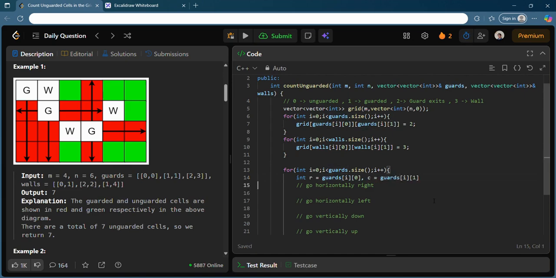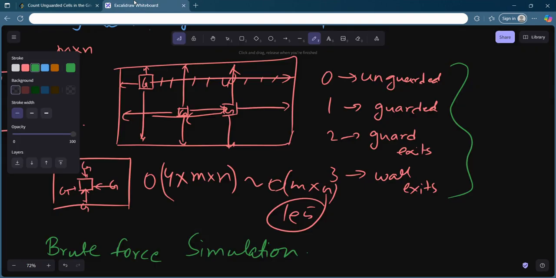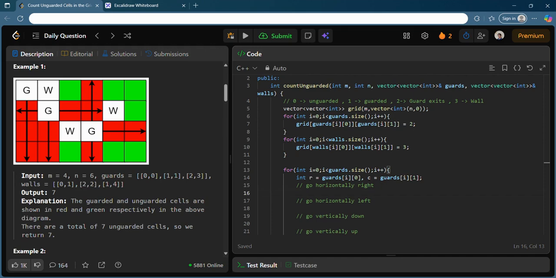And now comes the iteration part. I hope you can easily visualize that whenever we are going horizontally right, our row is fixed but the column is changing, right? So if you are in this particular cell and you want to go to the right, you are still in a fixed row, but your column iterates. So you can just have that.